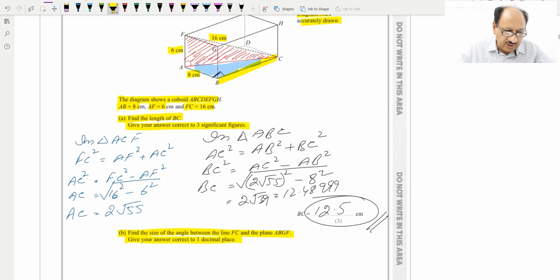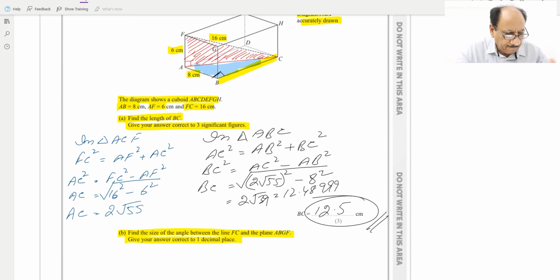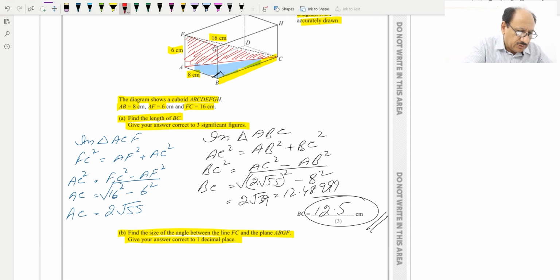So we will be joining first of all, we will be taking the base, this one. We can draw this line. I will draw this line.